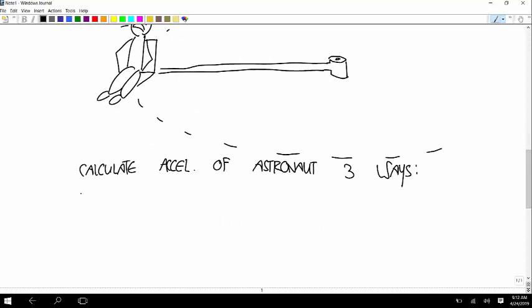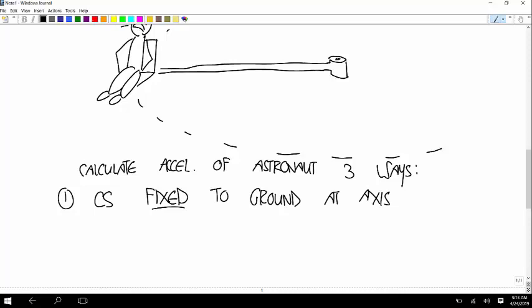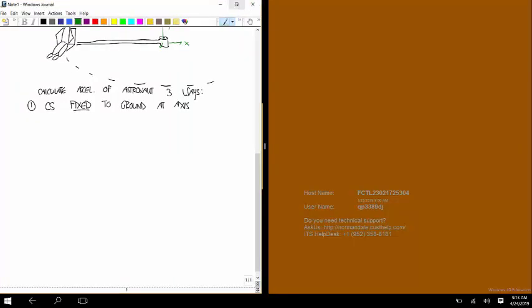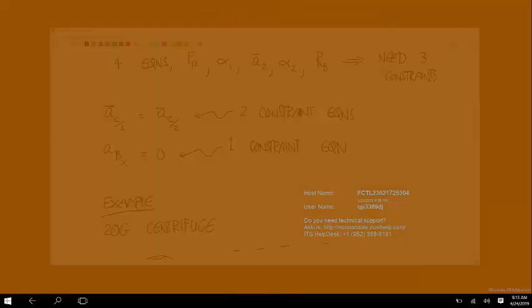We're going to calculate the acceleration of the astronaut. First, we're going to use a coordinate system that doesn't rotate and it's fixed at the axis. The orientation I'm going to use is X horizontal, Y vertical, Z coming out towards us.